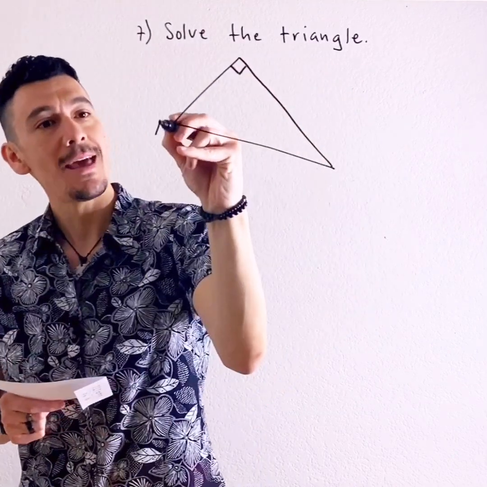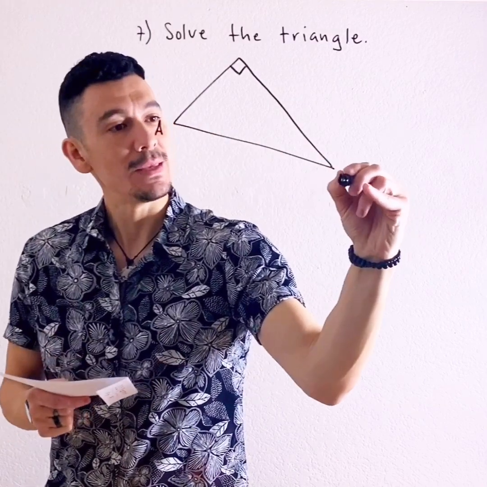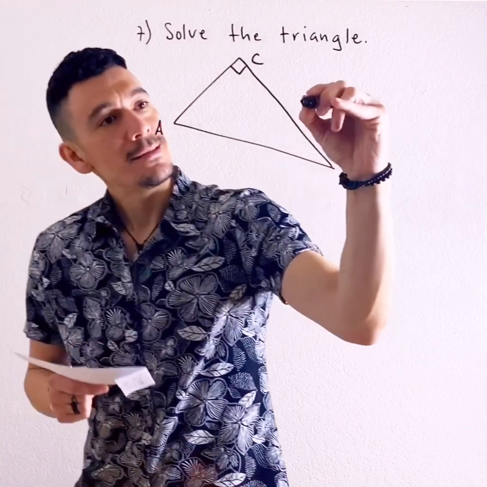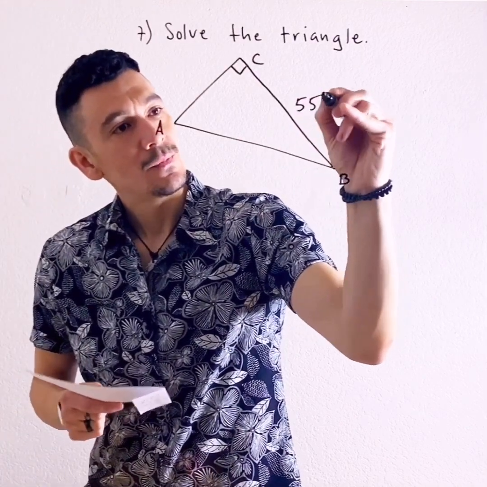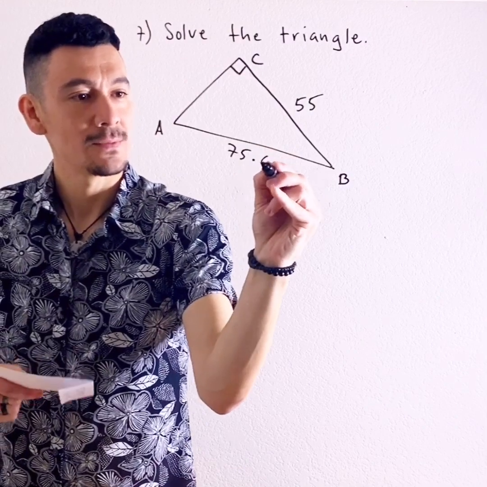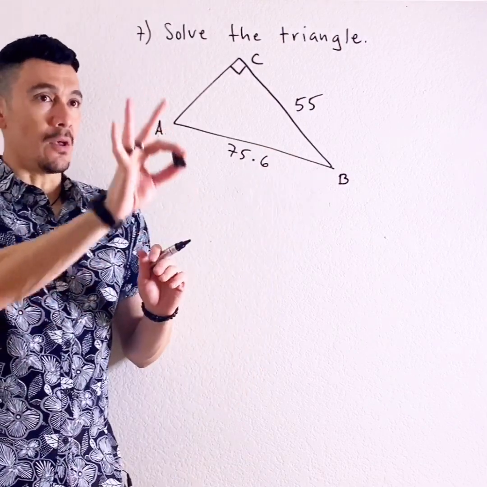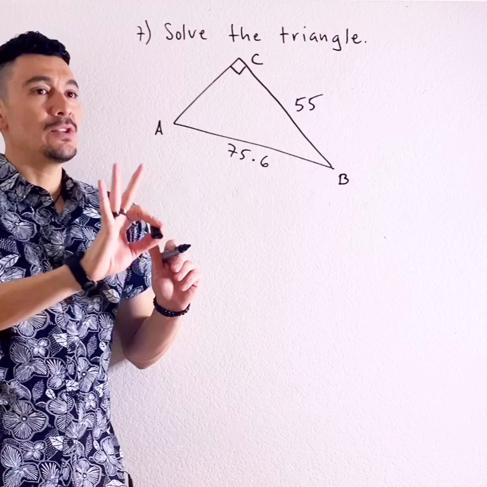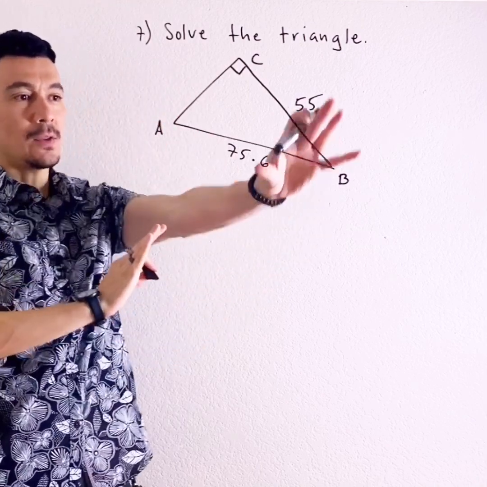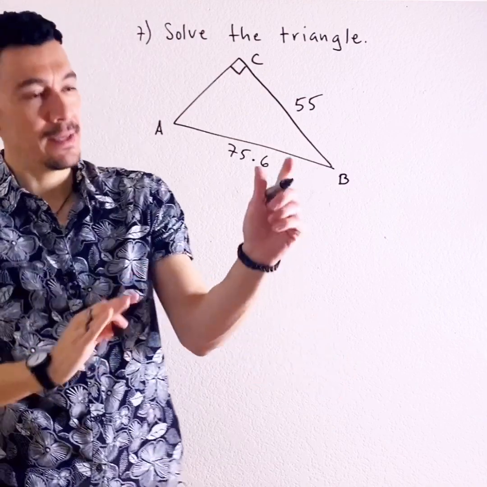Let's call this A, B, and C. And let's say this is 55. And let's say that this is 75.6. So recall what it means to solve a triangle. That means to tell me all 3 sides and all 3 angles. So let's make a small answer key.